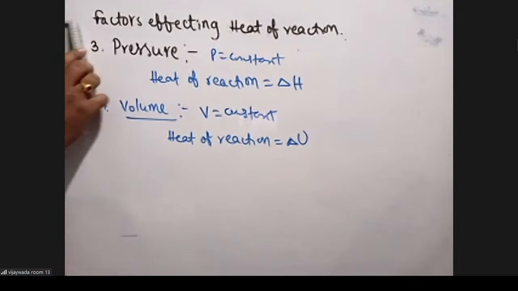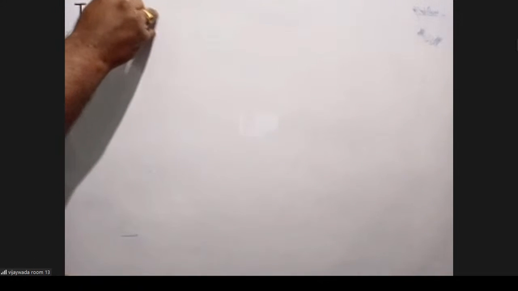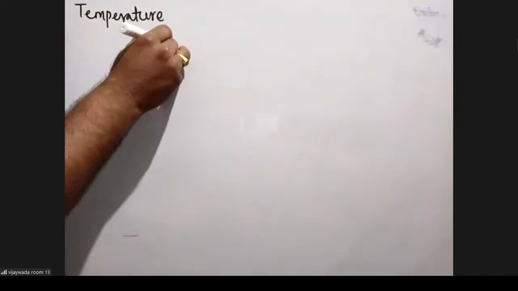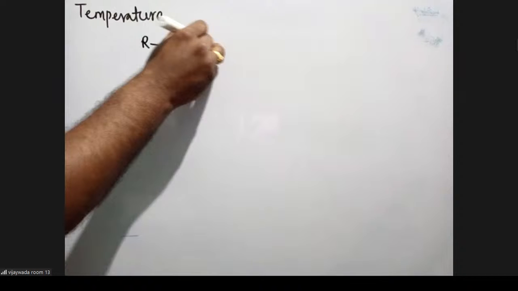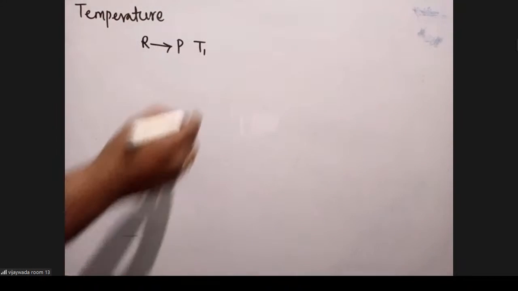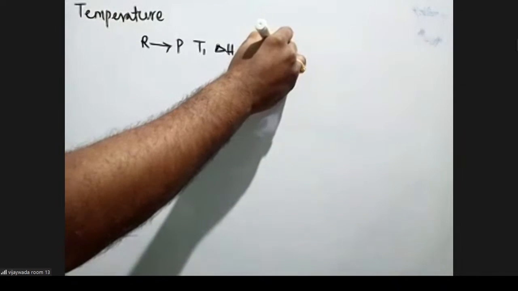Next, a very important and last affecting factor is temperature. If you perform a chemical reaction, reactants converted into products at temperature T1, you will get delta H1.